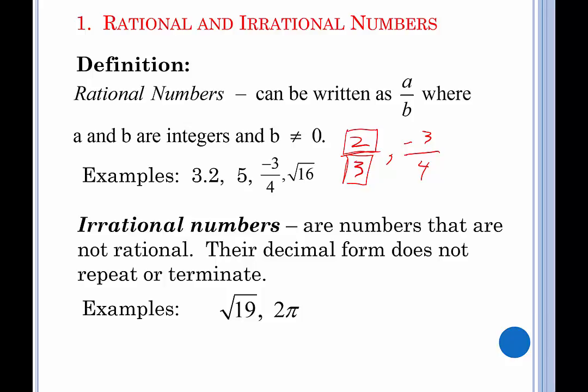So that would be irrational. And then also anything that has pi in it would be irrational, because pi is one of those irrational numbers that again goes on and on without terminating or repeating. So if you see a pi in an expression, you know that's going to be irrational.